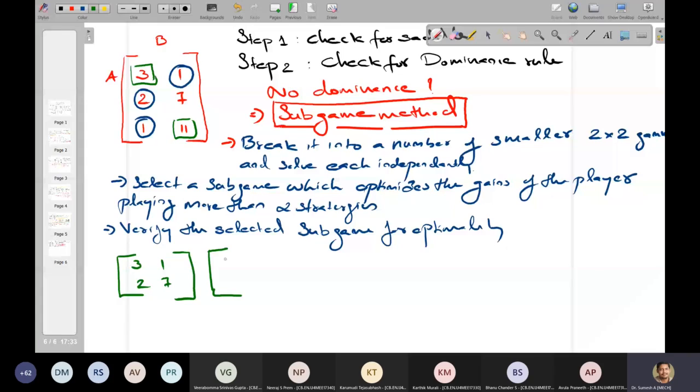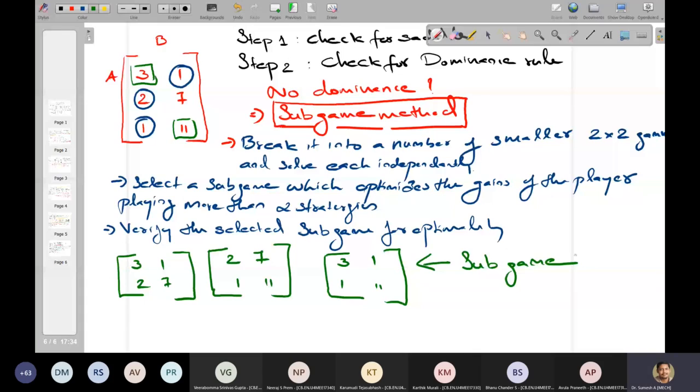And the third matrix is 3 1 and 1 11. So I have made 3 matrices, which include all the values. This is called a subgame.